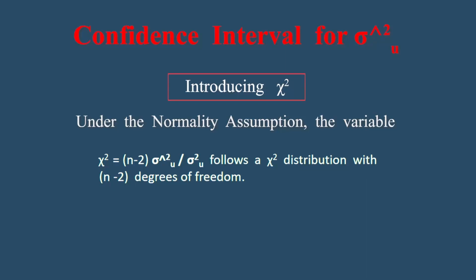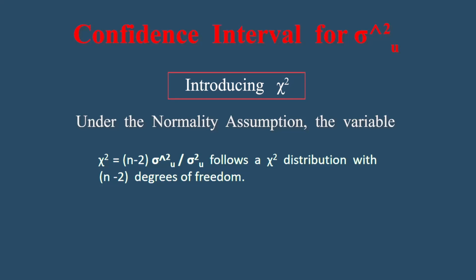square u. This sigma hat square u is estimated from the sample, and this sigma square u is the population variance. Just as in the case of a z statistic, we want to claim whether x bar is closer to mu or different from mu, here also we go for a proportional analysis or a ratio analysis.